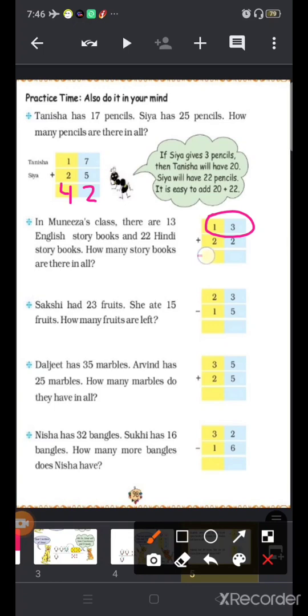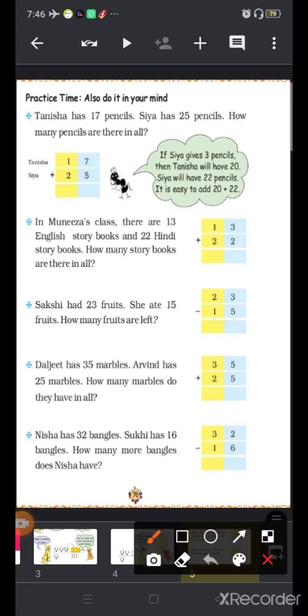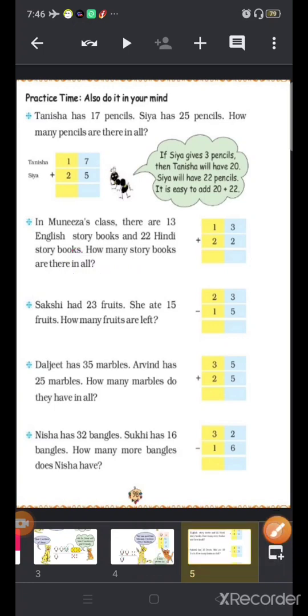How many Hindi storybooks? 22. And how many English storybooks? 13. Now the question is, how many storybooks are there in all? I have already told you the meaning of in all. It means you will add. The sign of addition is already given here. So we'll add in this question.